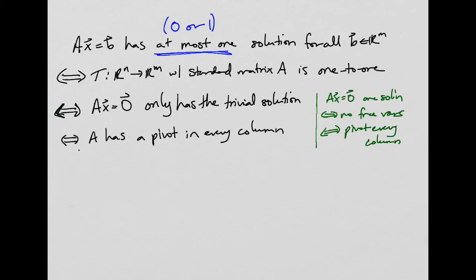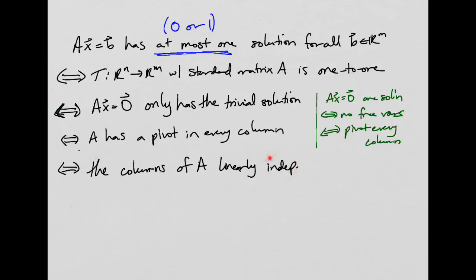Now the last statement has to do with linear independence. And I can say that the columns of A are linearly independent. Okay, so why is this true? Why is this equivalent to everything else?